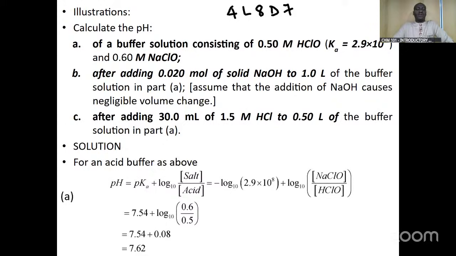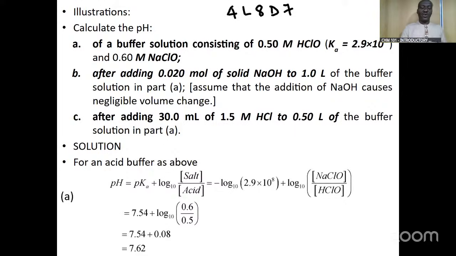Now, calculate the pH again after adding 0.020 mole of solid sodium hydroxide to 1 liter of the buffer solution in part A. Then, of course, what happens if you add 30.0 ml of 1.5 molar HCl to 0.50 liter of the buffer solution in part A? Now, at this point, I would like you to please listen and listen well.